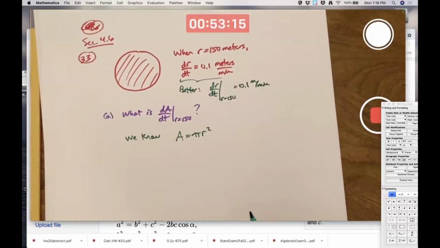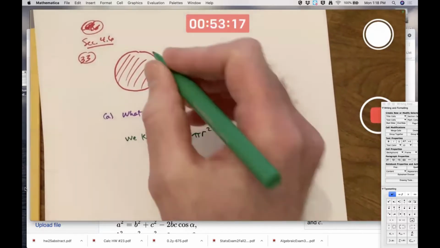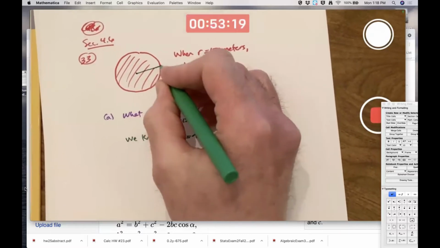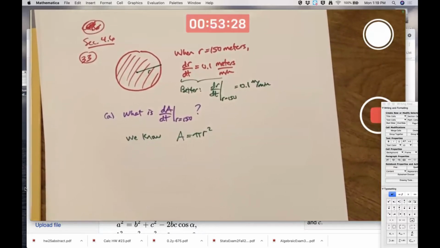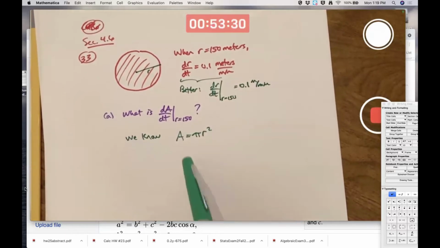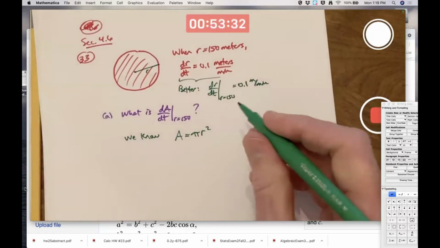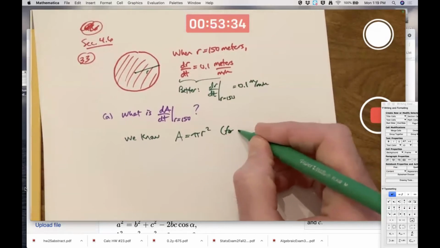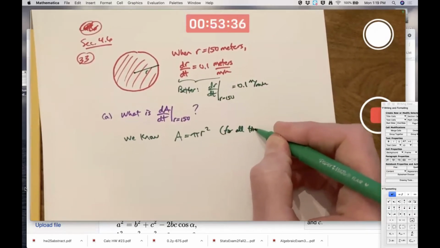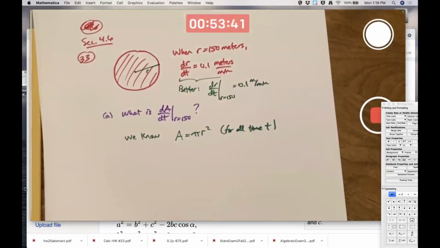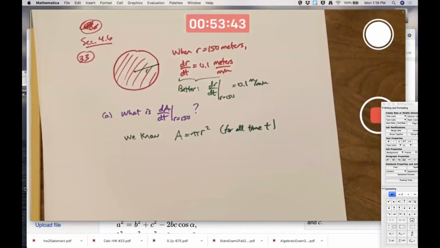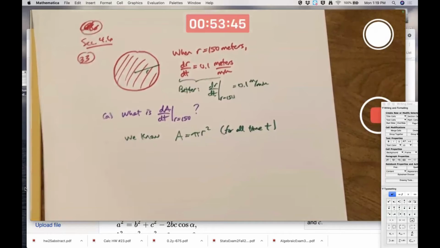If the oil slick is circular and the radius is r, the area is going to be pi r squared. And that's true even though the circle is getting bigger. This is always true for all time t. Even though you don't see a t in there, you need to imagine it being in there. I can't emphasize enough how much imagination is key to getting this.